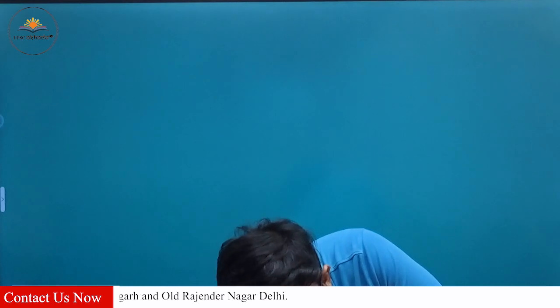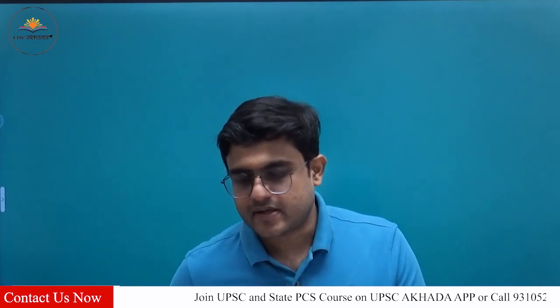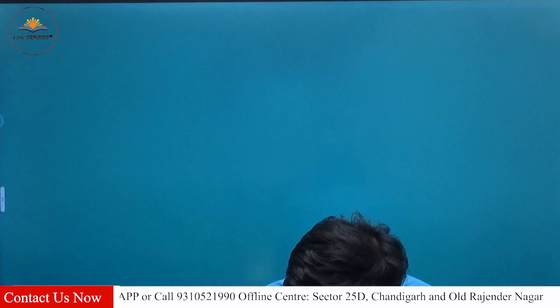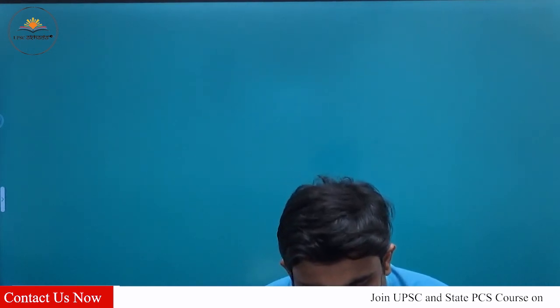RTI Act was enacted in 2005 at the central level. United Nations considers RTI as a human right. According to UNDP, more than 60 countries have adopted RTI.